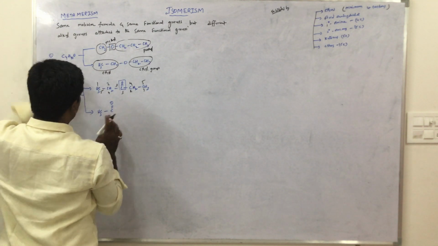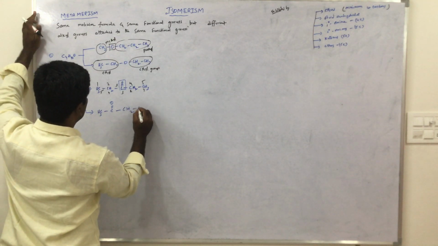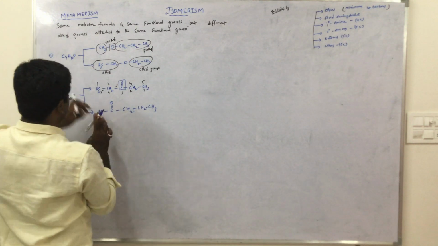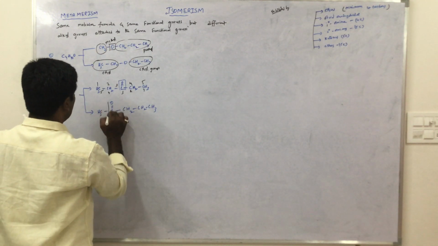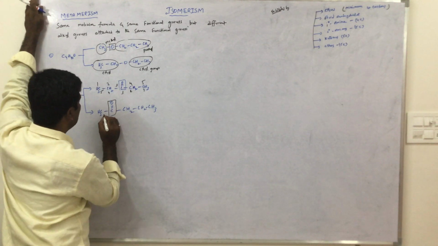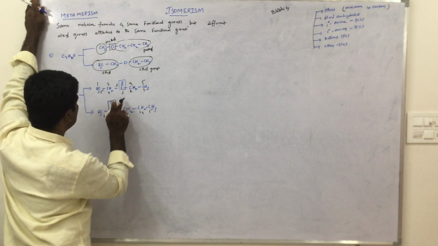Second structure: C=O with CH2-CH3. Here the functional group has least priority as per IUPAC nomenclature, so numbering 1, 2, 3, 4, the keto group is at the second position, whereas in the first it is at the third position.